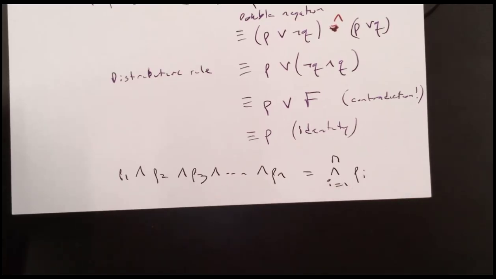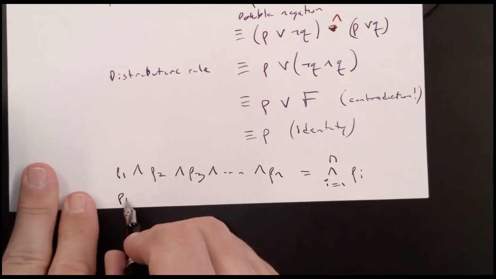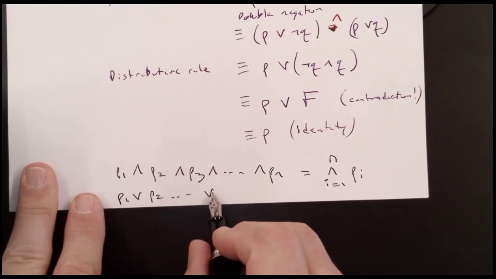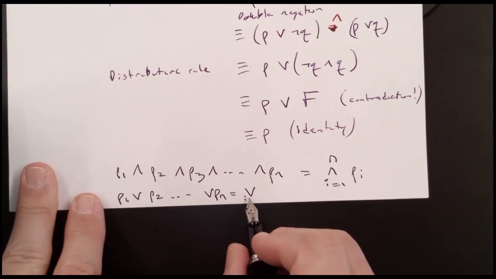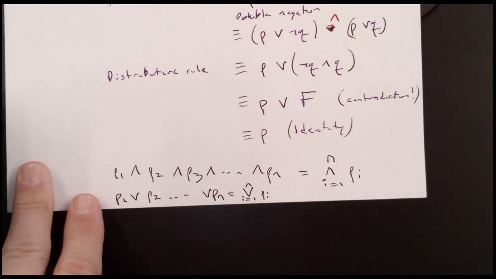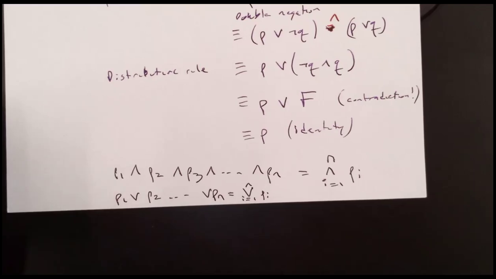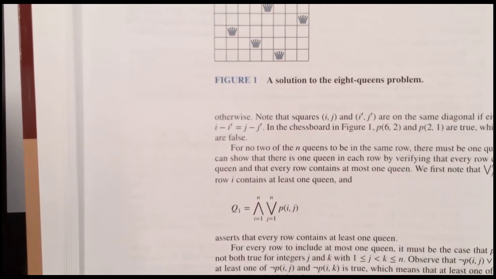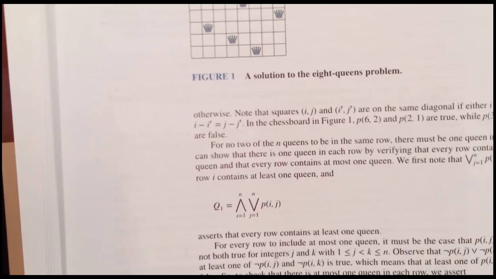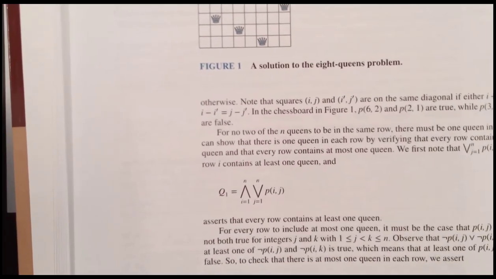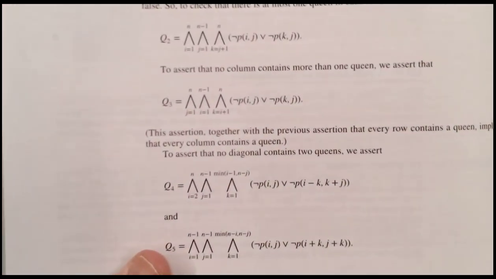That represents the first one and the second one and the third one up until the last one. If you put in or, it means the same thing with ors throughout all of them. And a lot of our queens problem setups are written in that sort of notation. That's a loop within a loop right there on page 34. There are my queens problem conditions.